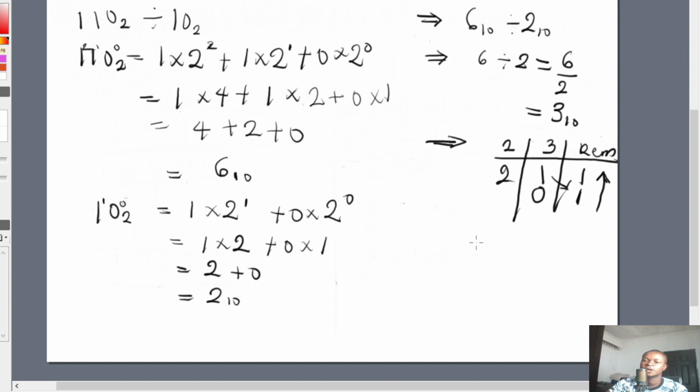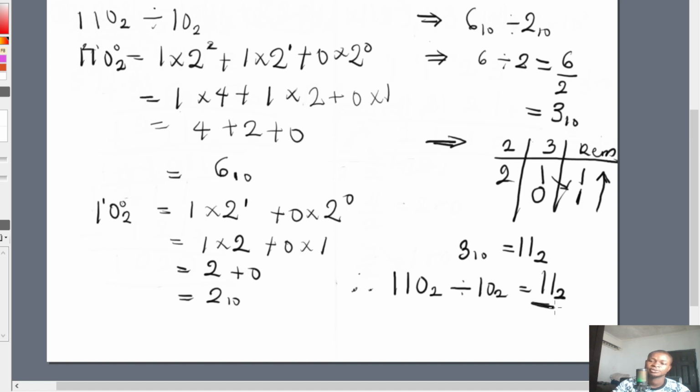I'm going to have my result for 3 base 10 to be 11 base 2. So this concludes my answer, that therefore 110 base 2 divided by 10 base 2 is equal to 11 base 2. So this is hence my result.